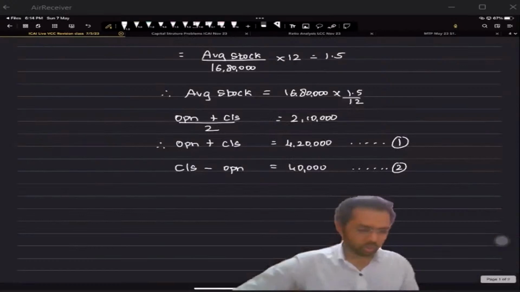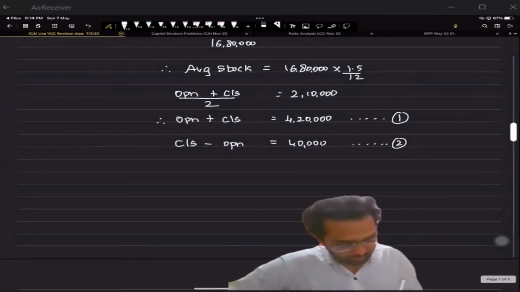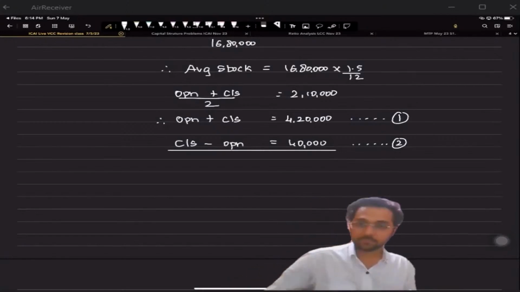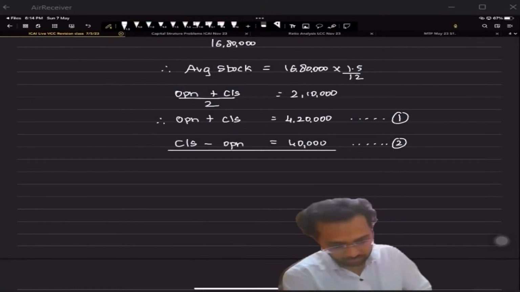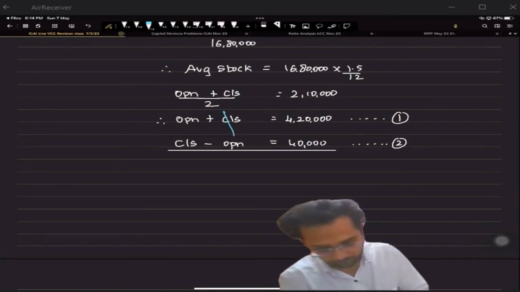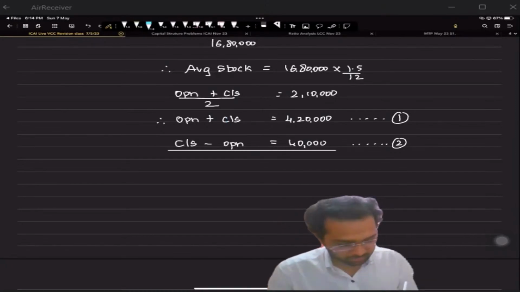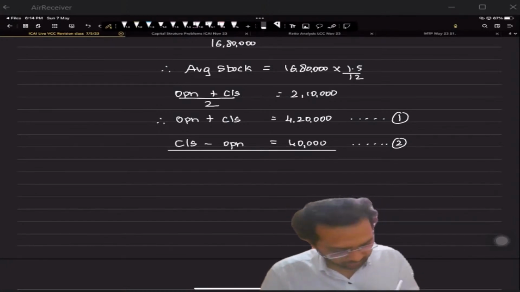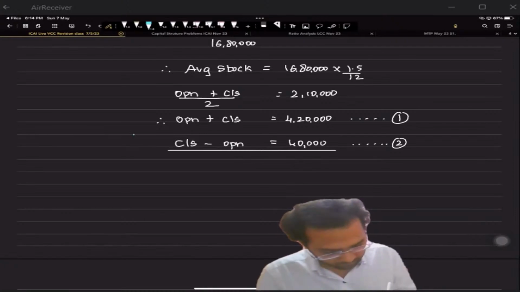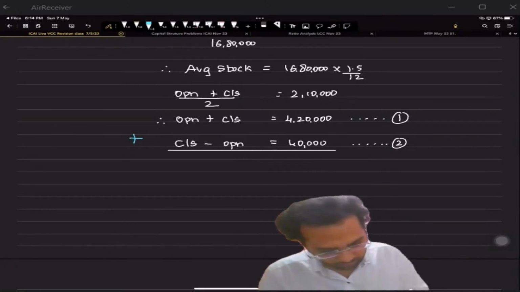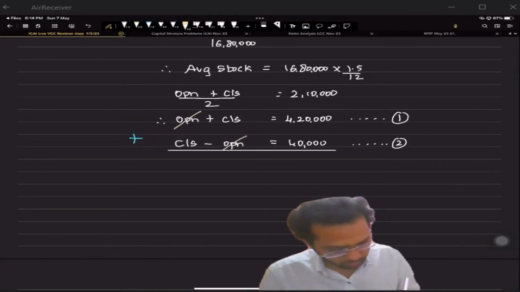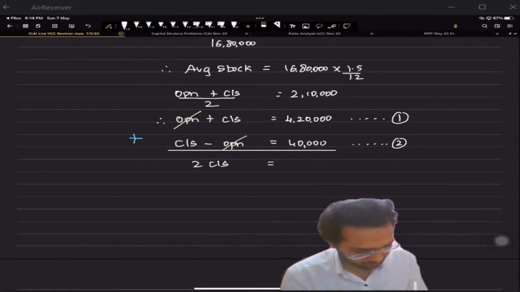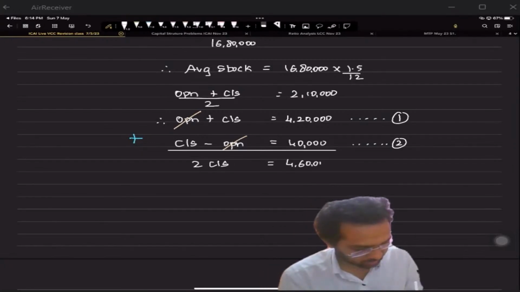We know how to solve this sort of equations, right? Simply add both the equations. You will find that opening and minus opening get cancelled, and you have 2 times closing stock as 4,60,000.